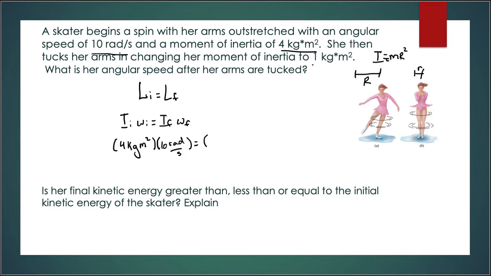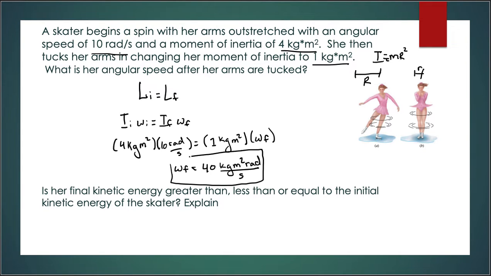Our I final is 1 kilogram meter squared, times our omega final. And you can see in this case then, the omega final is just going to be 4 times 10 divided by 1, or 40 rad per second.